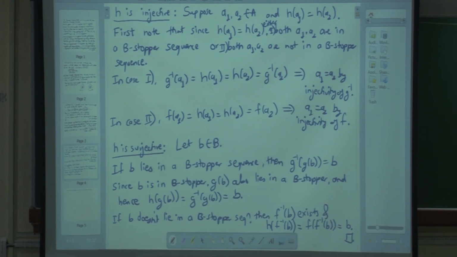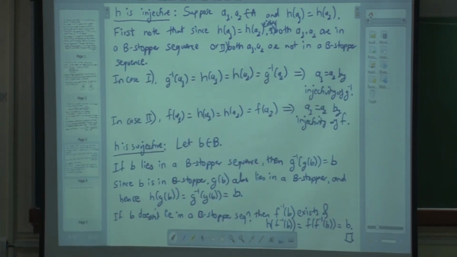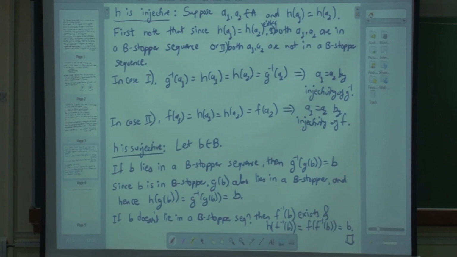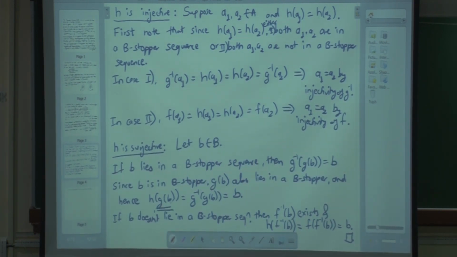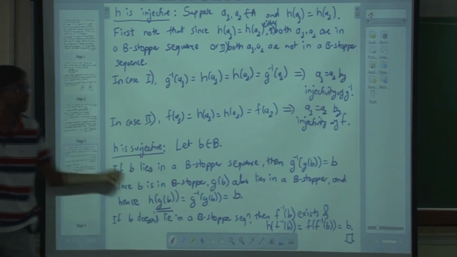So how does that prove it? Because this is the element whose image under h is b. So therefore b lies in the image of h.